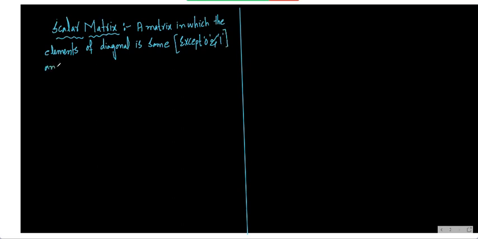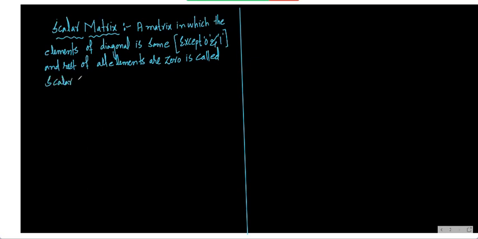And rest of all elements are 0 is called scalar matrix.